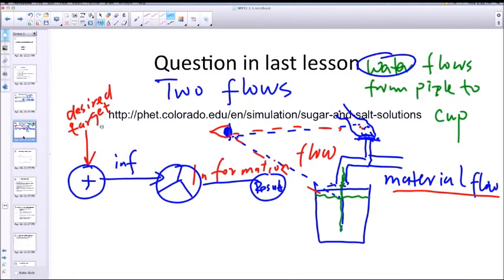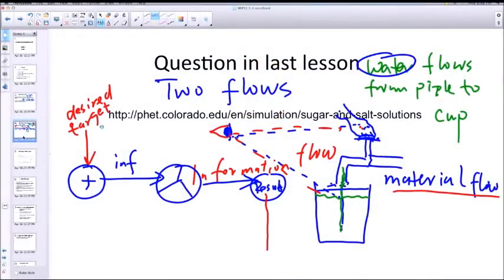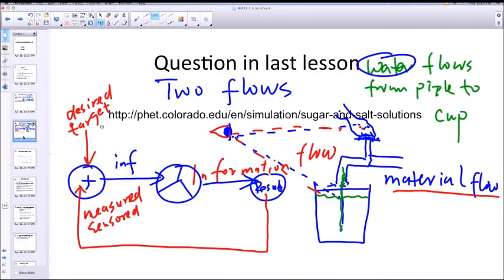If information just flows in this direction, that's still an open loop system. The difference is that we need to measure or sense the real result, and bring the measured or sensed information about the result back into the monitor.